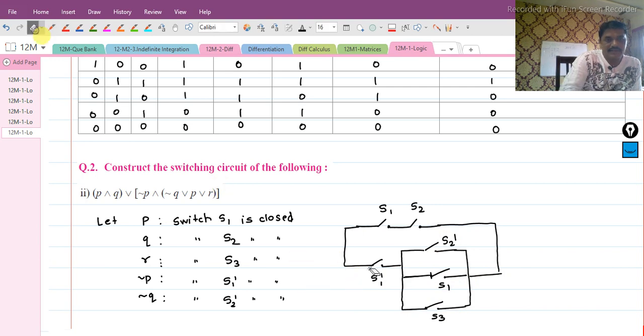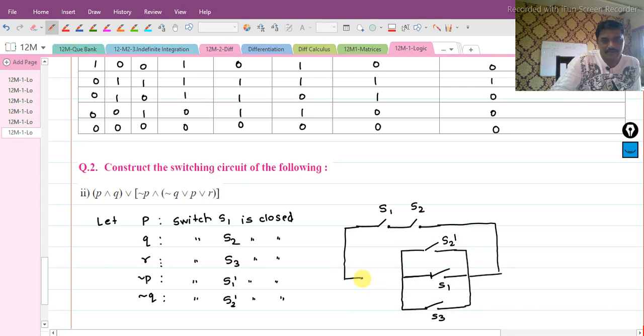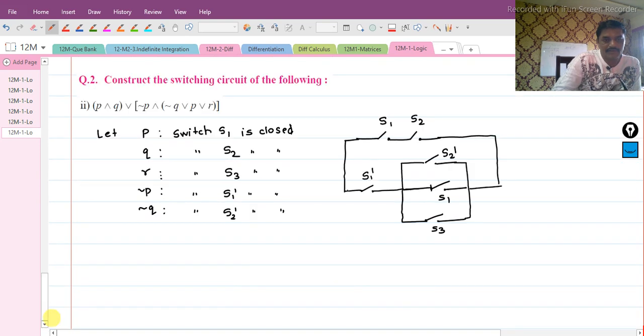I can take this down here, इसको मैं नीचे ले सकता हूँ. S1 dash, and this whole system is put across a battery. यहाँ पर एक बैटरी है. ओके, और यहाँ पर लैंप है.